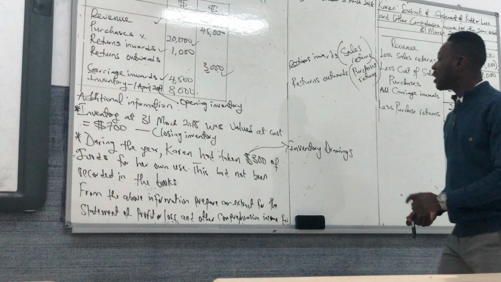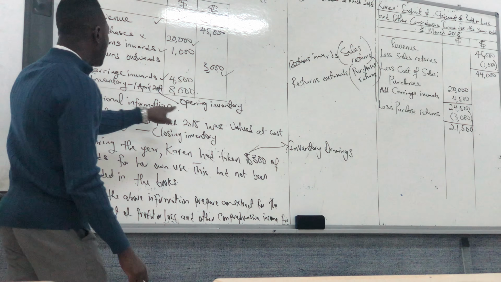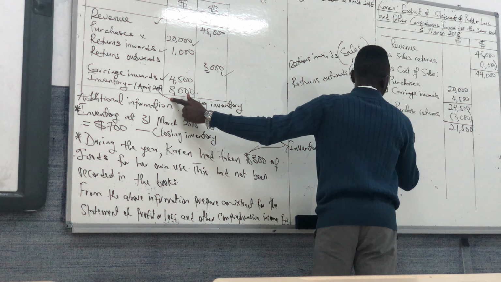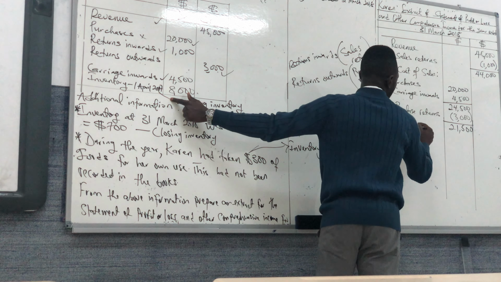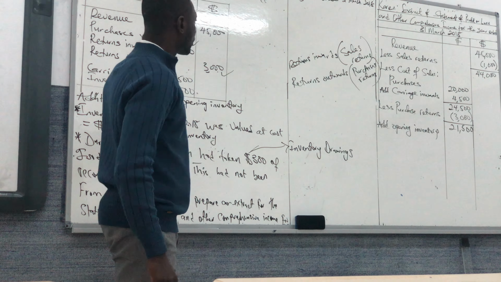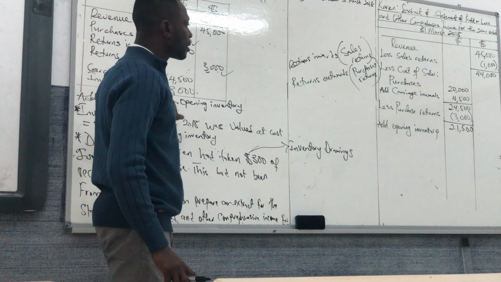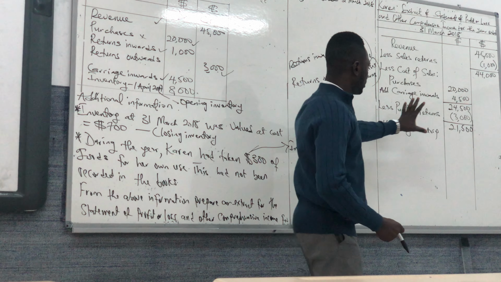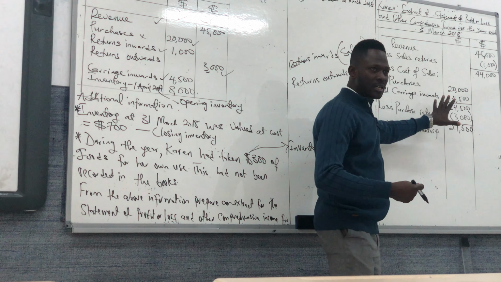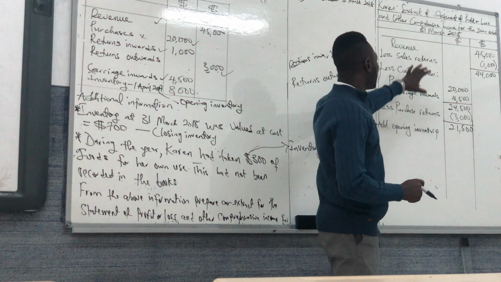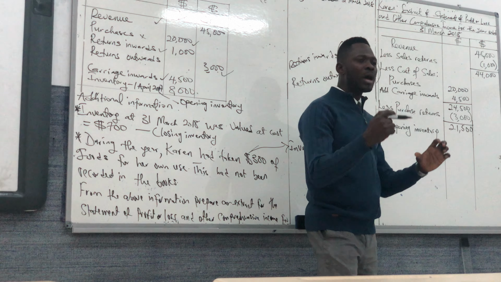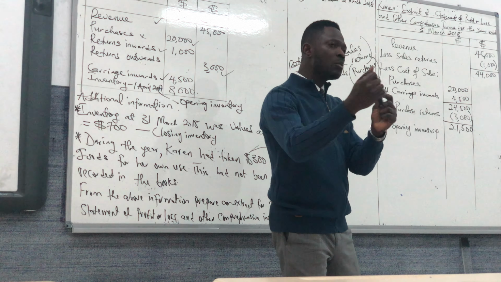So now we have our opening inventory, amount 8,000. What you have to take note of is we have our sales. At the end of this recording, we're going to have our gross profit. Yesterday we were talking about gross profit.